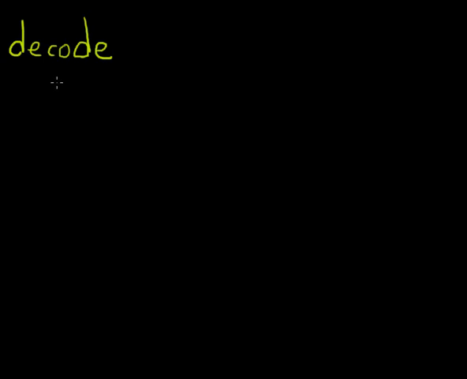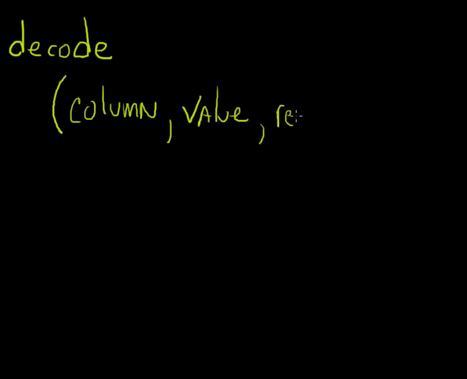So the basic format of the decode statement is that it takes a couple of different parameters. It takes a column name that you're going to perform the decode on, a value that's coming out of the database, and a replacement value that you're going to display.